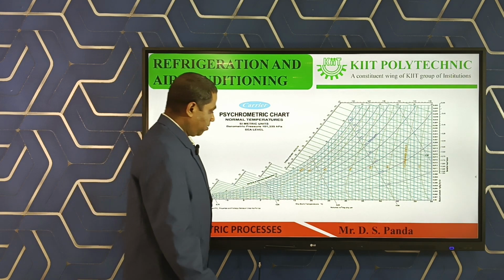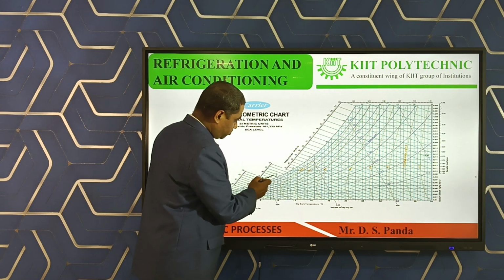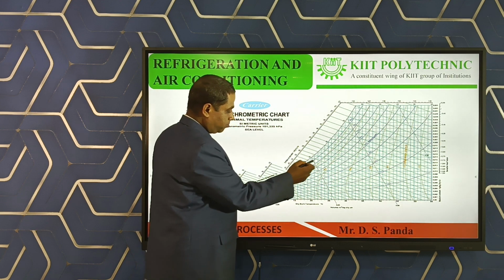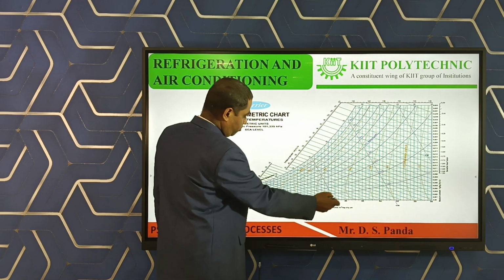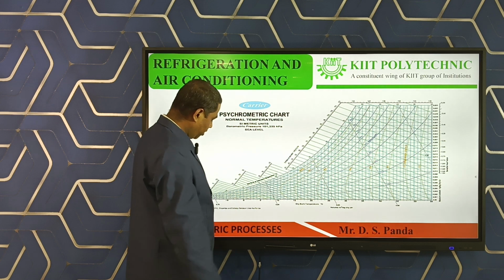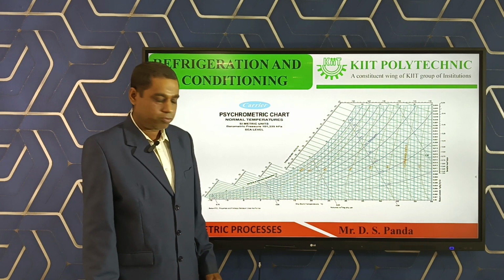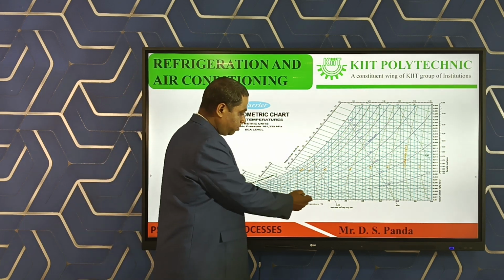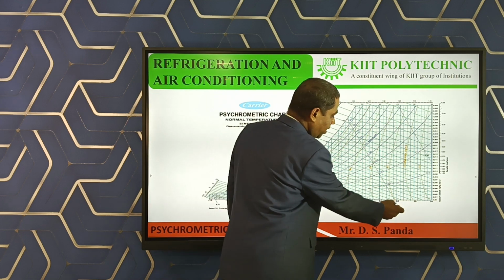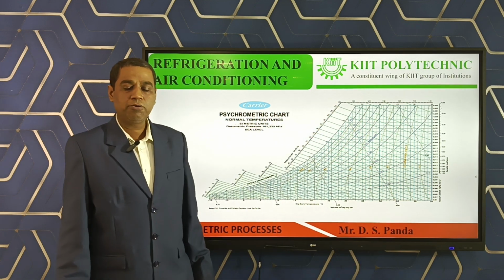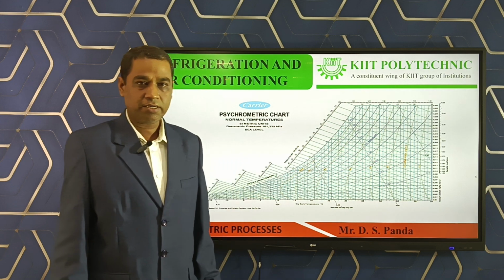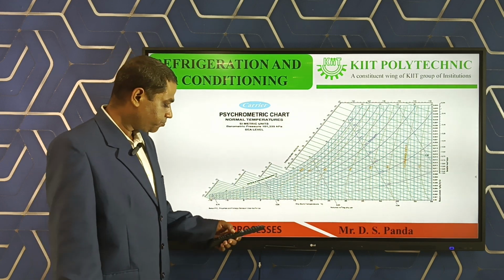And this line indicates the specific volume, that is meter cube per kg. It starts, suppose 0.75 meter cube per kg of dry air, 0.80, 0.85, 0.90 meter cube per kg of dry air, the specific volume.